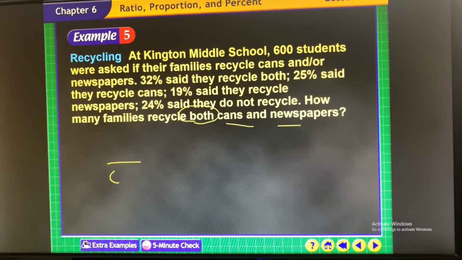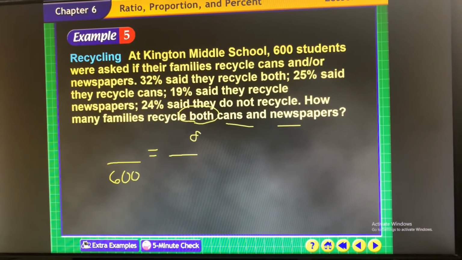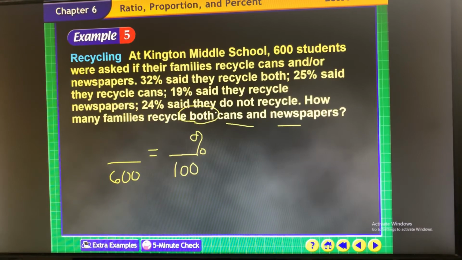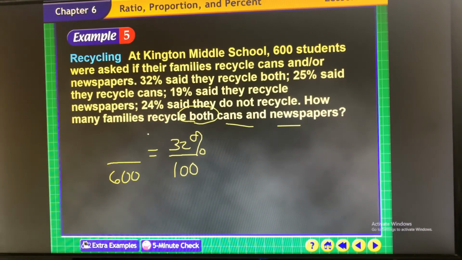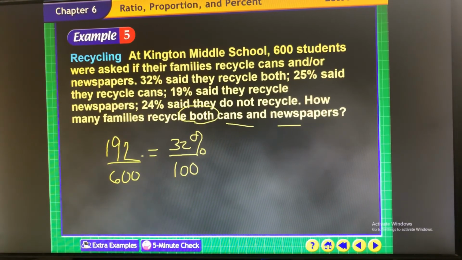I have my total, which is 100, and then I've got a percentage. I'm going for how many. Both cans and newspapers, 32%. So you're going to cross multiply 32 times 600 divided by 100, and you would get approximately 192 families.